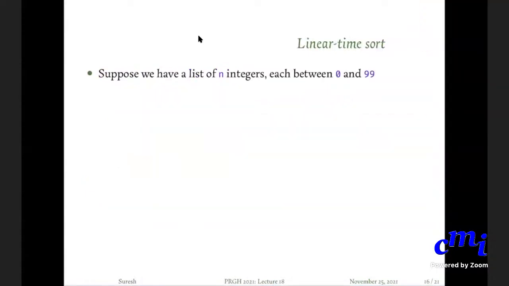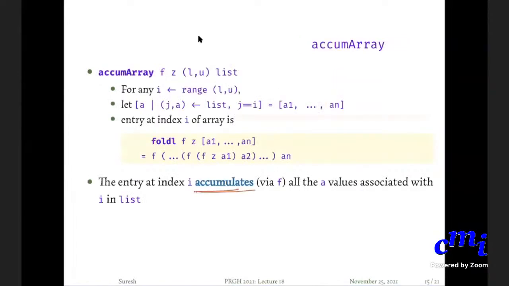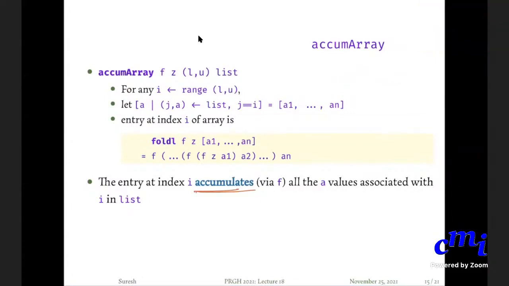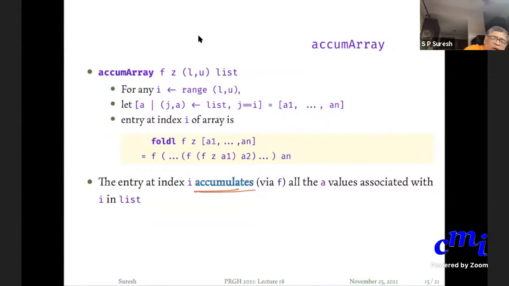Sir, I had one question. This is Neelabja, sir. When we are writing this, that list A such that J comma A is an element of list, are the two conditions verified simultaneously? I mean, J comma A is an element of list and the condition J equal to I. No, I am trying to explain to you.